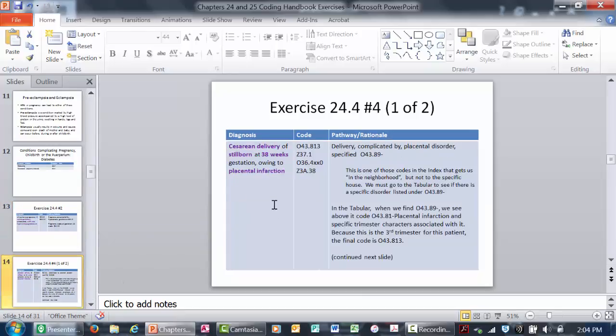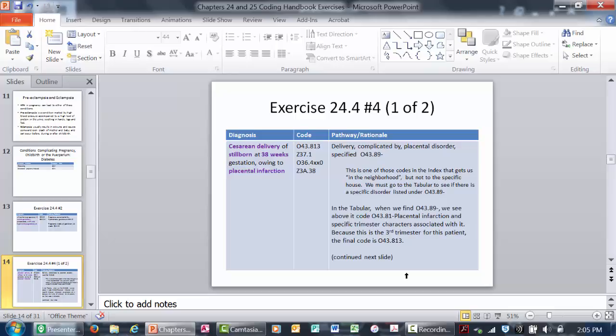This is a cesarean delivery of a stillborn at 38 weeks owing to placental infarction. Placental infarction is not found in the index. So when you start looking for this code, you are taken to placental disorder, and you do know what it is, so I would use specified.